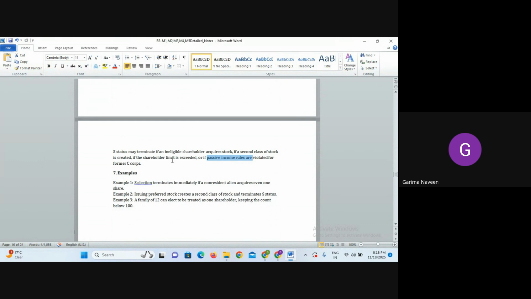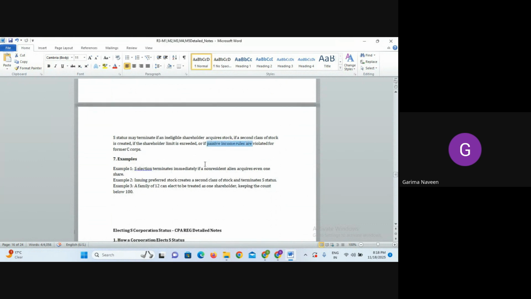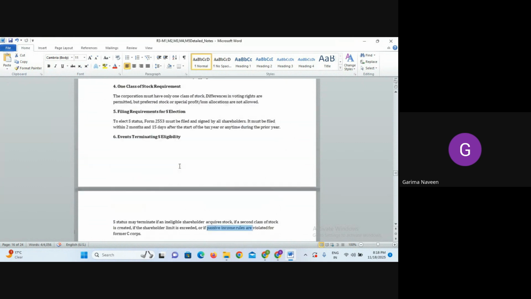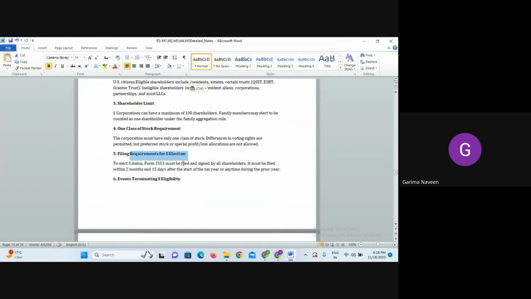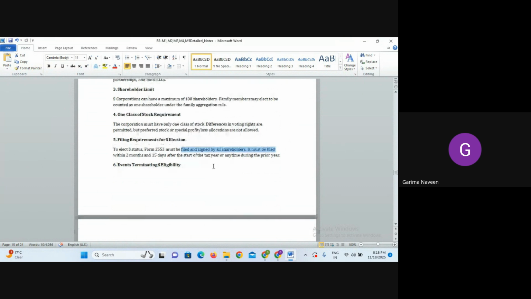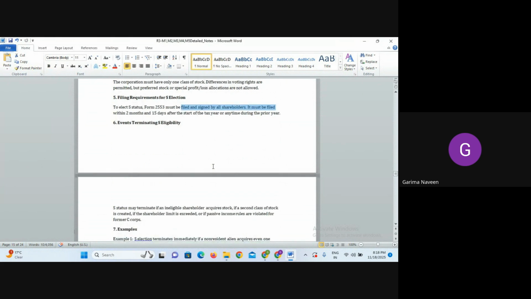Okay. Also, you can terminate S corporation status by yourself. Just like for electing S corporation status, you conducted an election which required the consent of all shareholders.